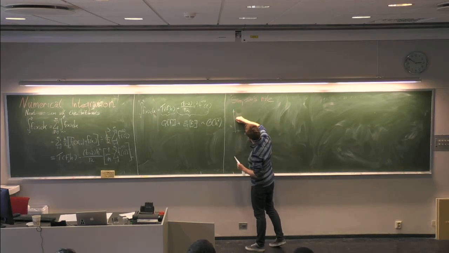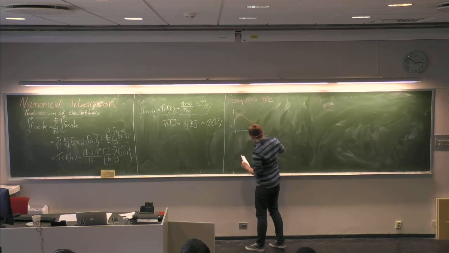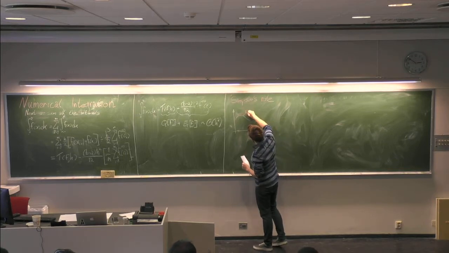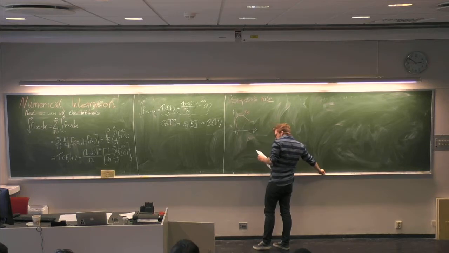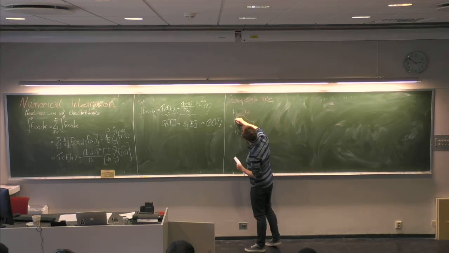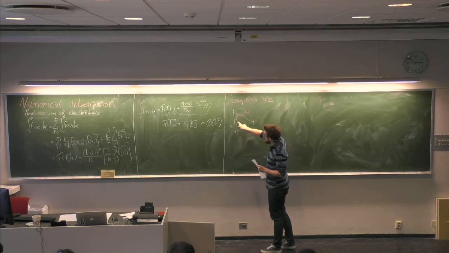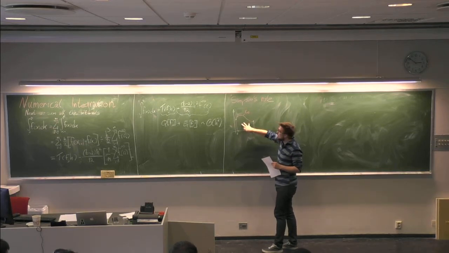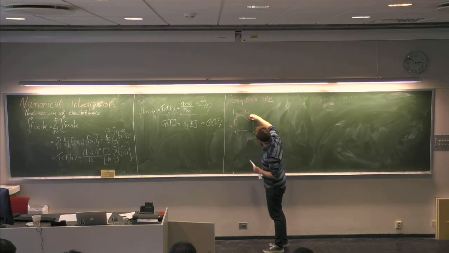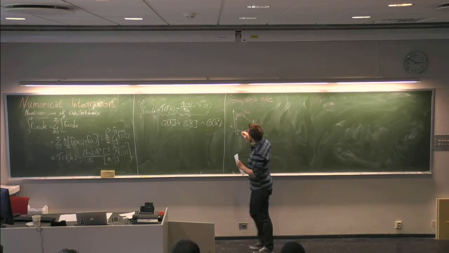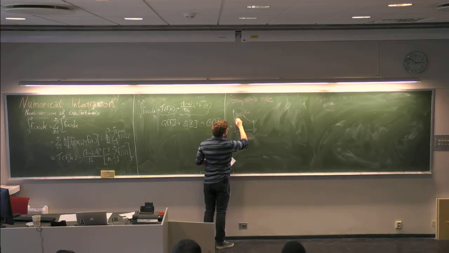So again, we have some kind of function f. The Simpson method will actually sample 3 points. If this is just one interval, it will sample the endpoints and then the midpoint.